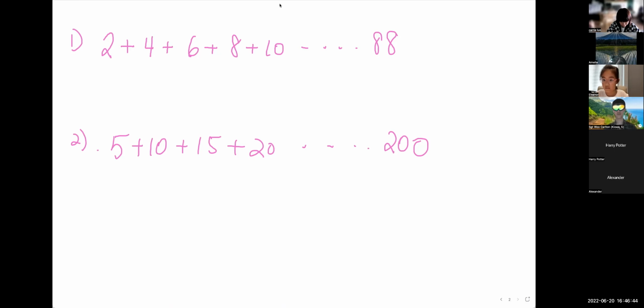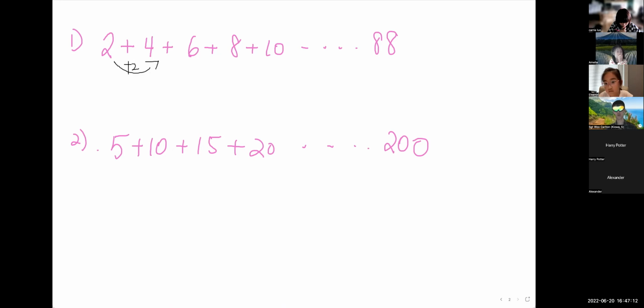Okay. So over here, we have something different. We cannot use the rule before where we use the last number minus the first number and then plus 1. Because unfortunately, we have a difference here and it's not 1. Over here, we have plus 2, right? Every number between is 2.